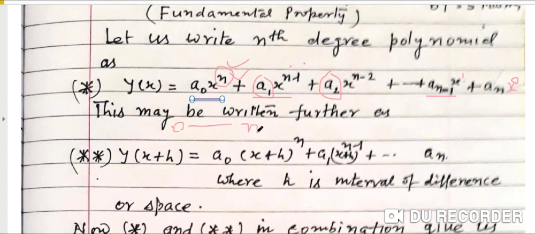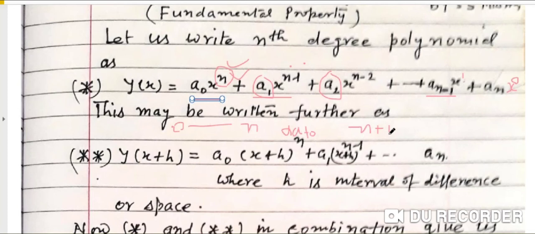When we talk about tabulated data, the data will be n plus 1, because we have x naught, x1, x2, and so on up to xn.